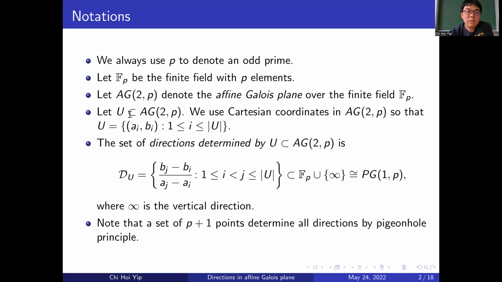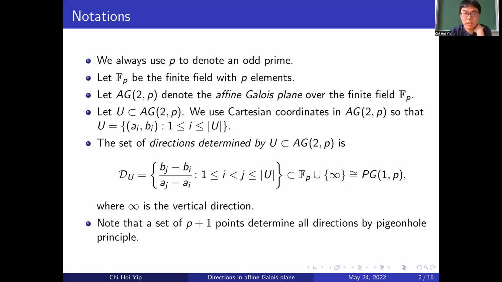Given a subset U of AG2P, we can always use Cartesian coordinates to represent the points in the set U. And the object we are interested in is the set of directions determined by the set U. The set of directions is just the set of slopes, and they live in the projective line.